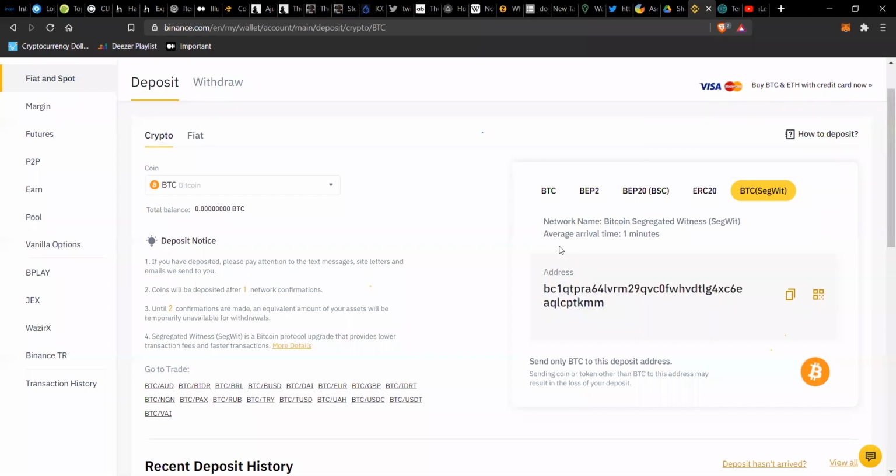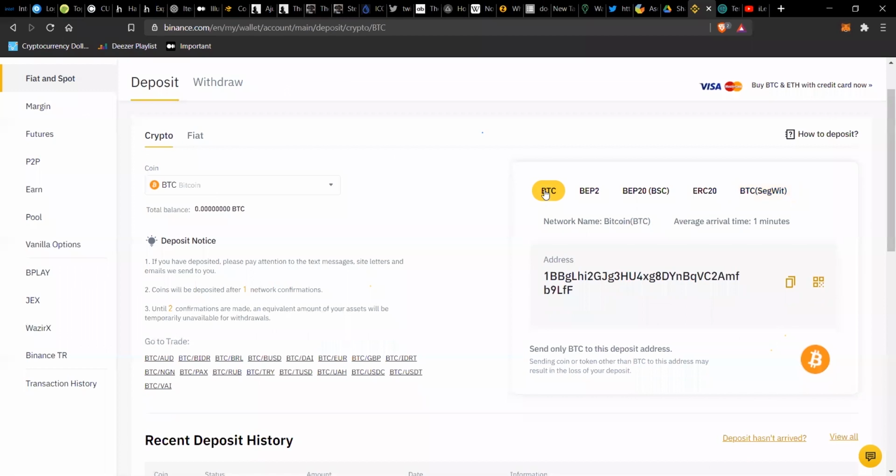So now, many people have asked, okay, what do these different wallet addresses mean? These are the different networks for Bitcoin that Binance currently has Bitcoin on. Normally, if someone wants to send you Bitcoin, the normal wallet address to send to that person is this one, the BTC wallet address. It starts from 1. It's called the legacy address. So you just copy this and send to them.